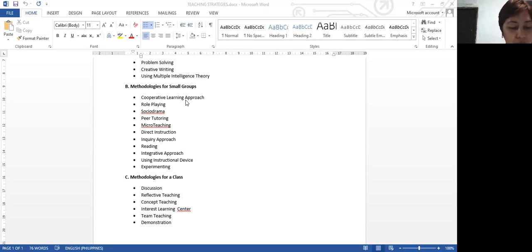Cooperative learning methodology works well with groups or teams wherein members help one another to achieve a desired outcome. But please take note that cooperative is different from collaborative. So what's the difference of the two?